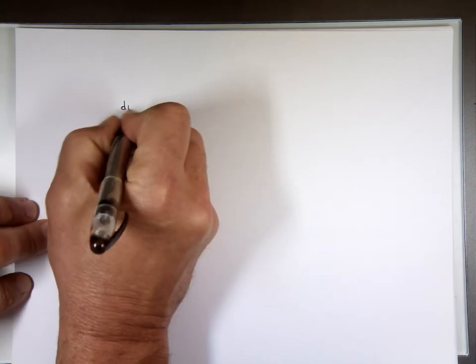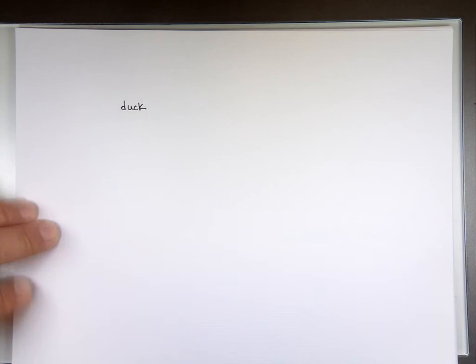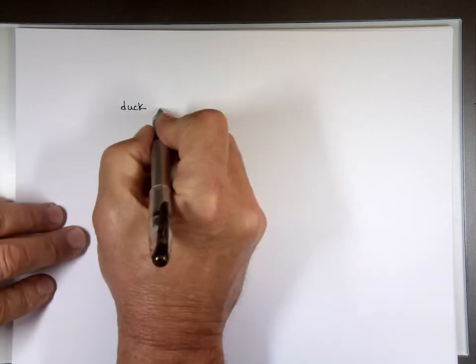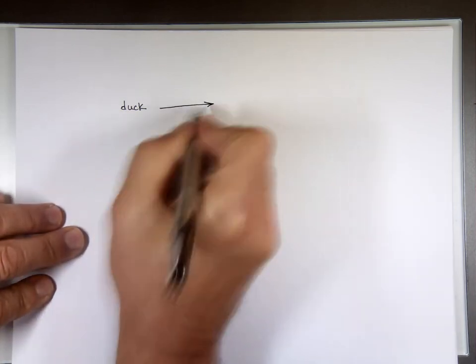Now we got some animals. I won't draw the animals here. I'll just say dog, cat. Well, dogs and cats don't like each other, so how about duck? We're going to go to the pond, throw some bread in. We have a duck that's going in this direction. We throw a piece of bread here.